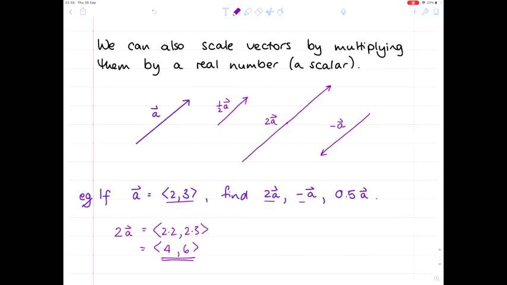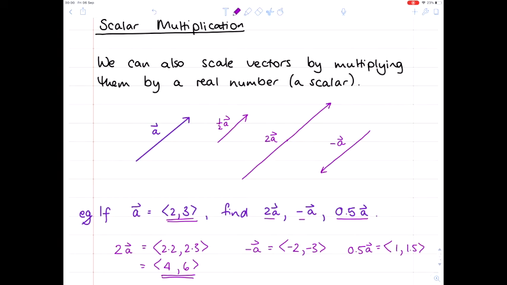If we do minus A, then we're just going to end up with putting a minus sign in front of each coordinate. So you'd get something in the same direction as this, but just pointing the opposite way. And it shouldn't be a surprise if you do 0.5A, then you're going to have something in the same direction, but half the length. So it's going to be [1, 1.5].